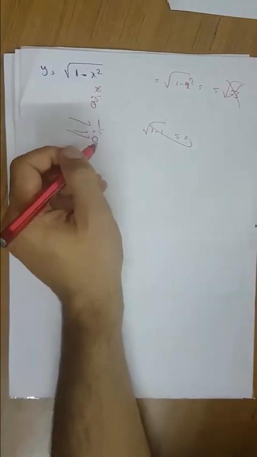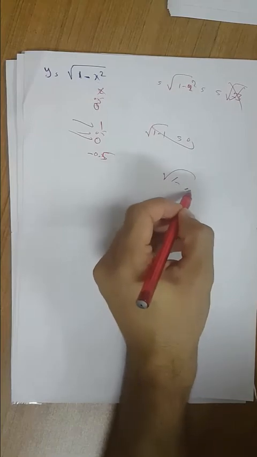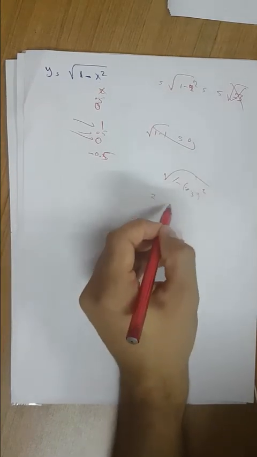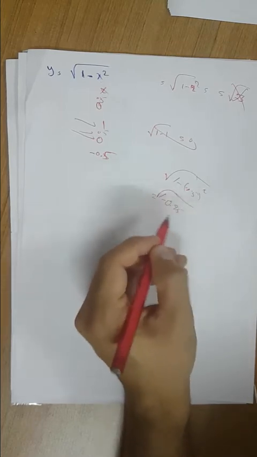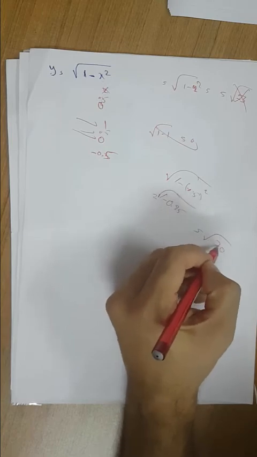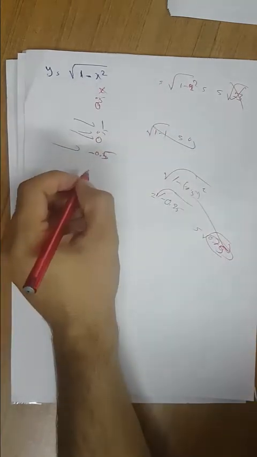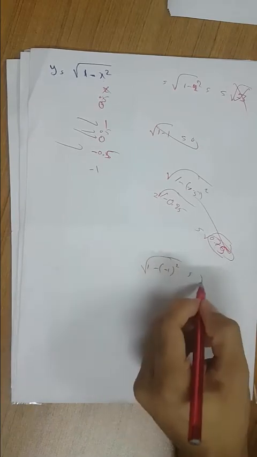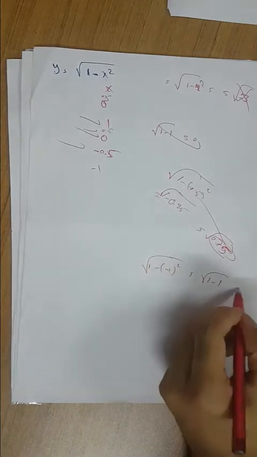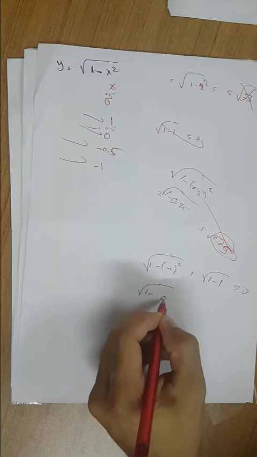Now I'm going to less than 0. For example, if I put minus 0.5, is it okay? Yes. Why? Because I will get 1 minus 0.5 squared, which is 1 minus 0.25, equal to 0.75. So it's a positive number. It's okay. How about minus 1? Let me check. 1 minus 1 squared gives 1 minus 1, which is equal to 0. So okay. How about if I go beyond minus 1, for example minus 2?